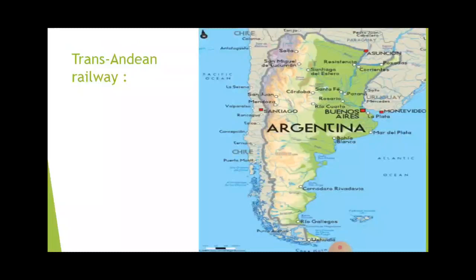The next is the Trans-Andean Railway, that is in South America, and it is from Buenos Aires to Valparaiso. So this is another transcontinental railway which has been used in South America.